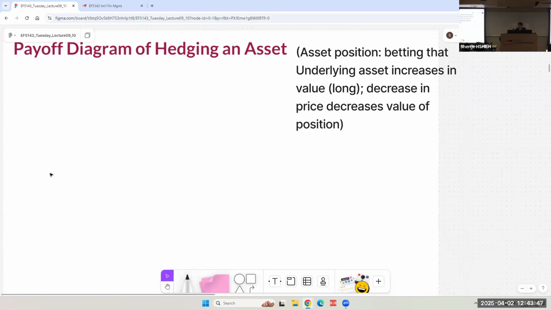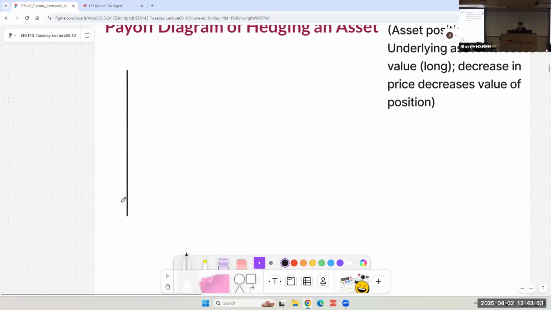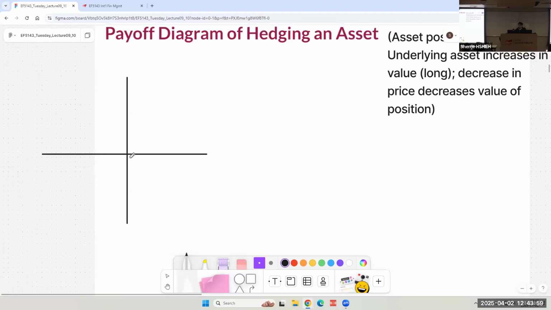All right, so let's draw the graph. I'm going to use graphs now, but of course there'll be math. So let's start with the following graph. I'm going to note on the graph that we have an initial price, the purchase price of the asset, at E naught.